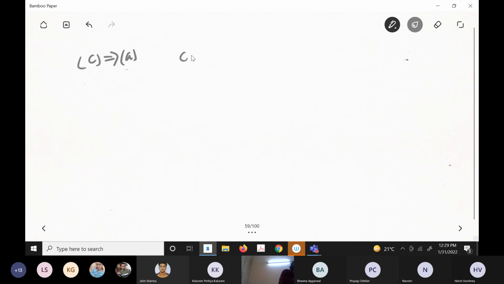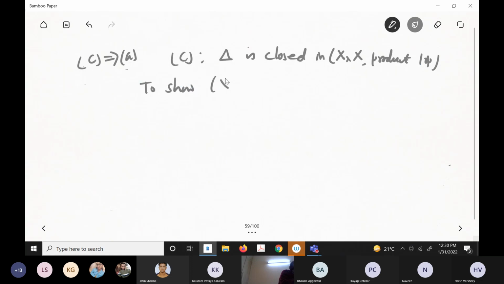Here you have the hypothesis that the diagonal is closed in X cross X with the product topology, to show X tau is Hausdorff. Here the proof is easier that it is Hausdorff if and only if every convergent net has a unique limit. You are getting another third condition, the diagonal is closed.